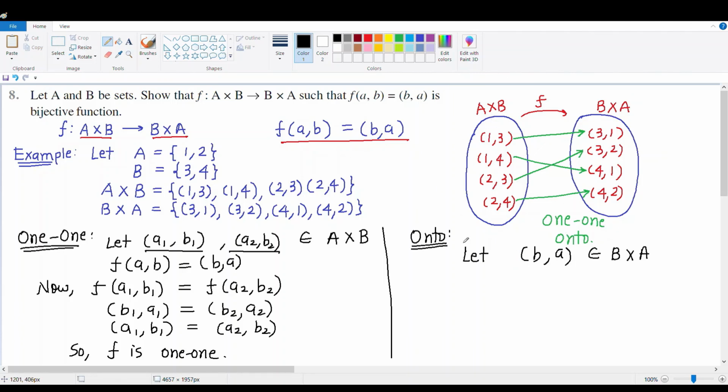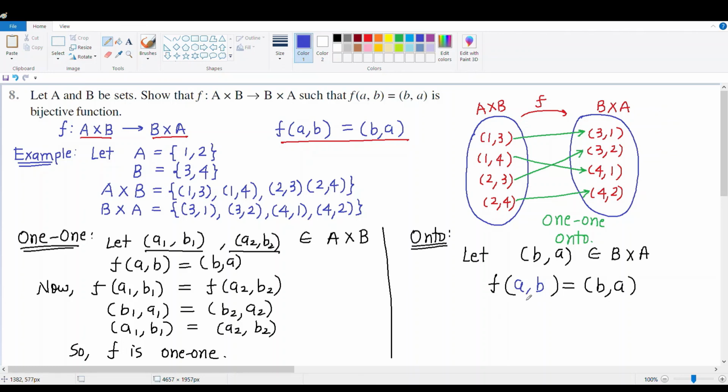Now since we know that it's going to get flipped, whose output is going to be (b, a)? We know what that function machine does: if you enter (a, b), it comes out as (b, a). So right now we are thinking that if the output is (b, a), what could we have entered in the function machine? We must have entered (a, b), because the function flips it.